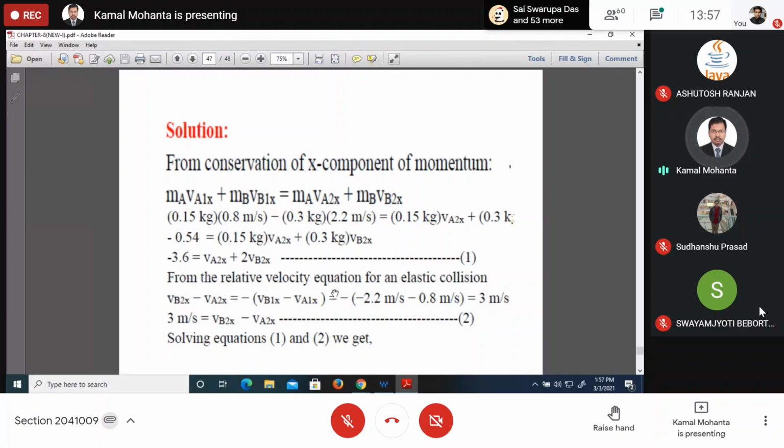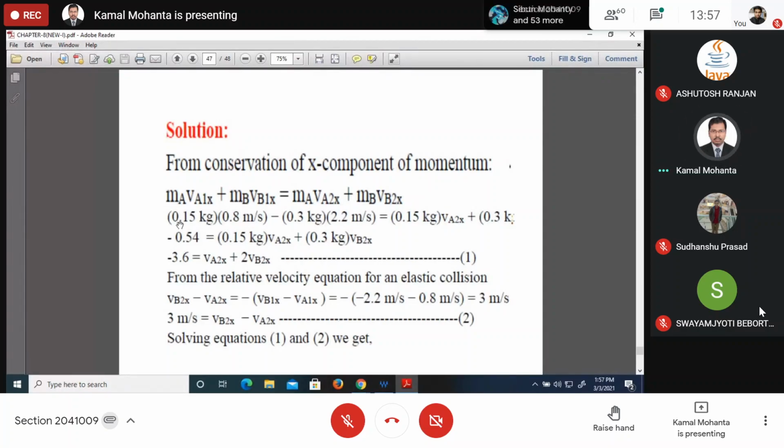From the relative velocity equation for an elastic collision, VB2x minus VA2x is equal to minus (VB1x minus VA1x). So this is coming 3 meter per second. Now in these two equations, you see here VA2x and here minus VA2x, and here 2 VB2x and this is VB2x.